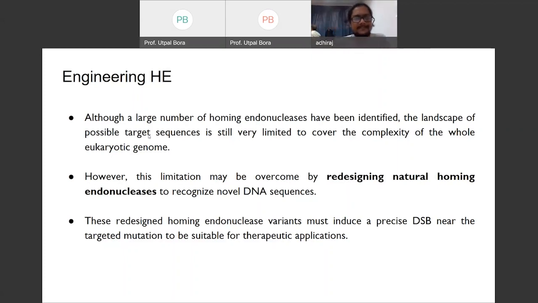Anyway, these redesigned homing endonuclease variants must induce a precise DSB near the targeted mutation to be suitable for therapeutic application. Of course, that's the whole point, right?